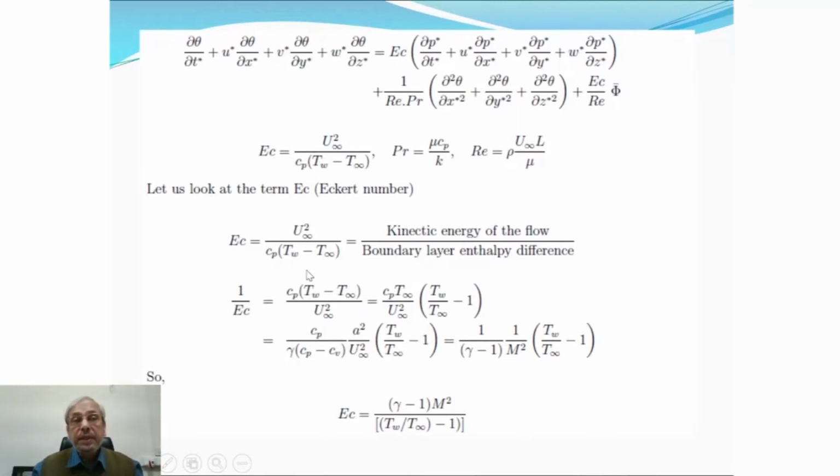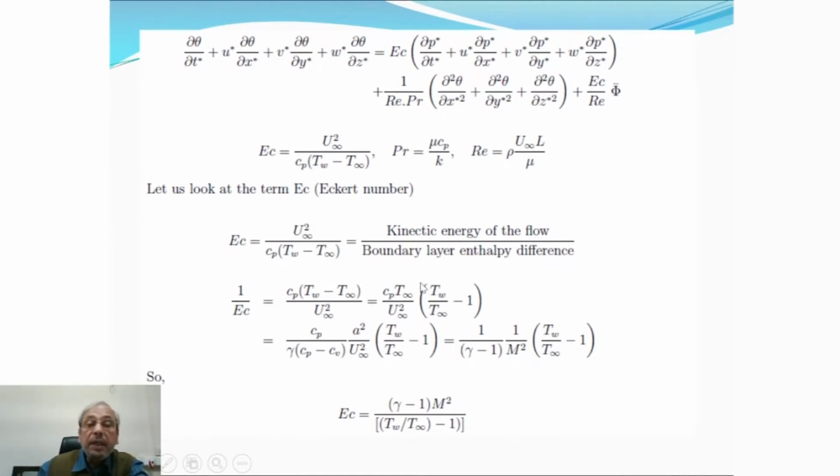Tw is the temperature of the heated body, and T∞ is the temperature outside the boundary layer, then the enthalpy across the boundary layer is basically Cp(Tw − T∞), the enthalpy difference. So we write 1 by Eckert number, Cp(Tw − T∞) by U∞².